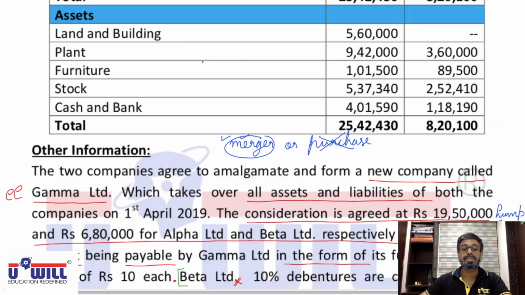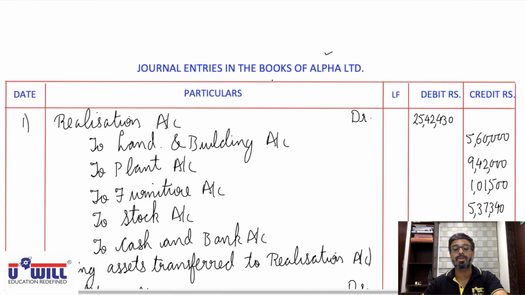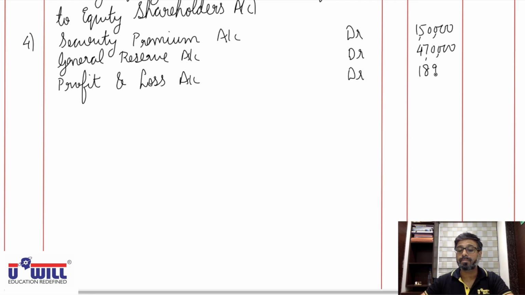Then next reserve is profit and loss account. So profit and loss account debit 1,89,360. And this all will be transferred to equity shareholders account.